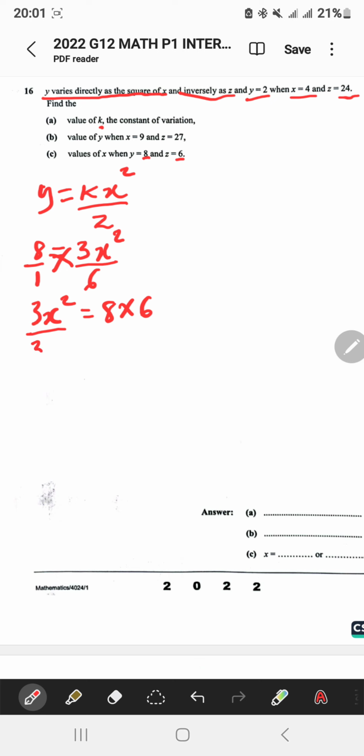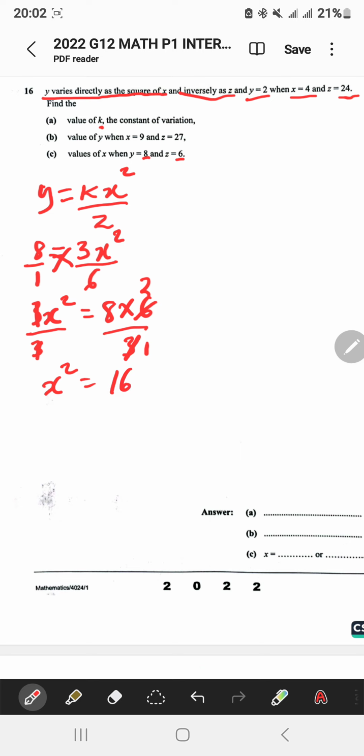We'll simply divide both sides by 3. When we divide both sides by 3, we are going to have x squared is equal to, and here we can simplify 6 and 3. So 3 into 3 will give us 1, and 3 into 6 will give us 2. 8 multiplied by 2 will give us 16.